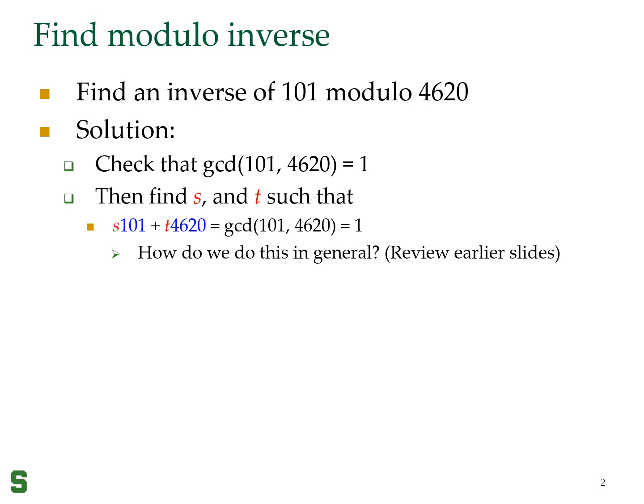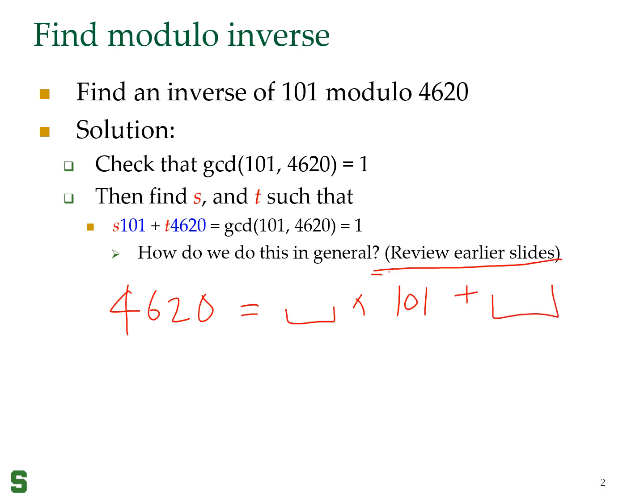How do we do this in general? To do this in general, I want you to review earlier slides, but I want to give a brief summary of what we were doing. We said 4620 is equal to something times 101 plus something. We filled in the quotient and the remainder.